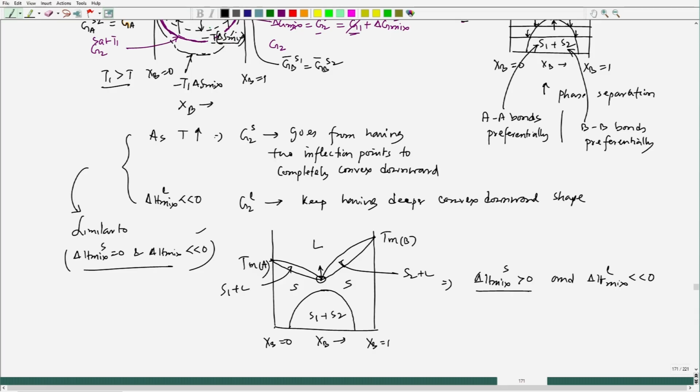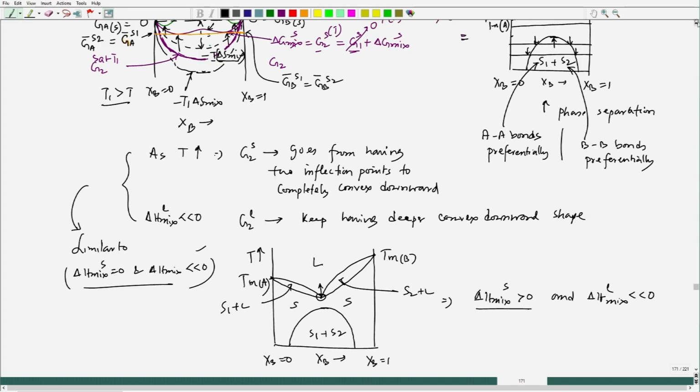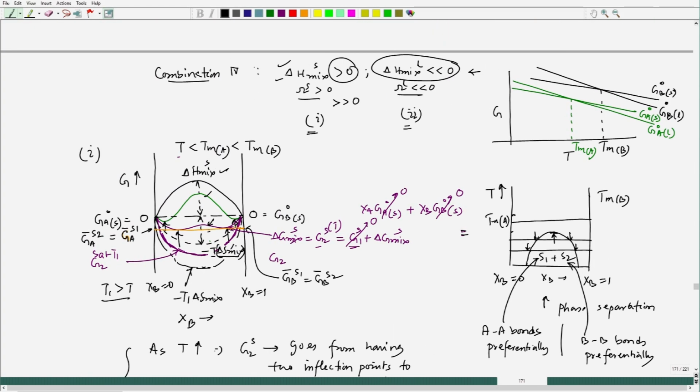Fine, and that is what such a phase diagram looks like. This is T, this is X B, this kind of phase diagram will arrive. Okay. Now, we have seen that initially we started with this particular pattern, this one.